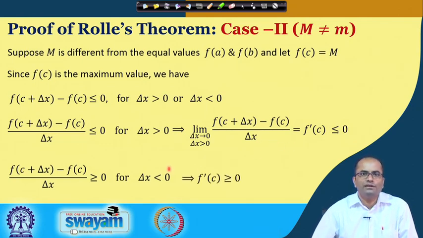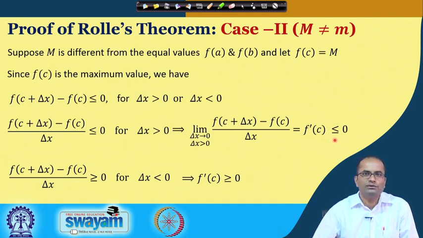On the other hand, when you divide this by delta x, which is negative, and take the limit, again a similar case here, since the function is differentiable, that left derivative will also be non-negative because this inequality is greater than or equal to 0. So, in this case we got f'(c) greater than or equal to 0, whereas there we have f'(c) less than or equal to 0.